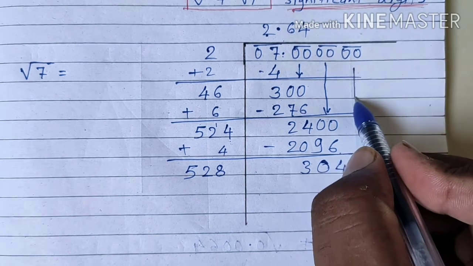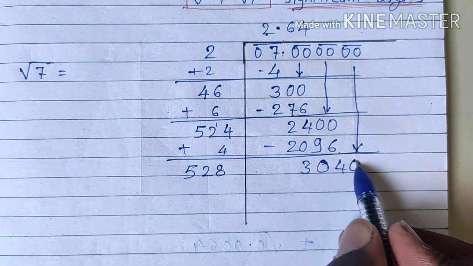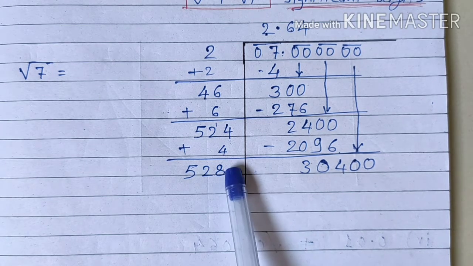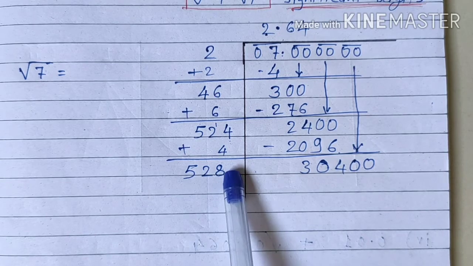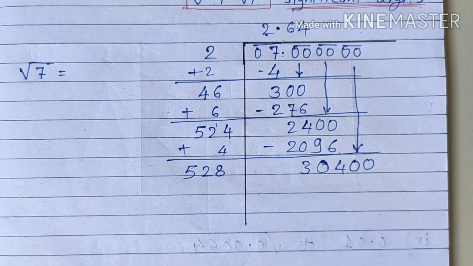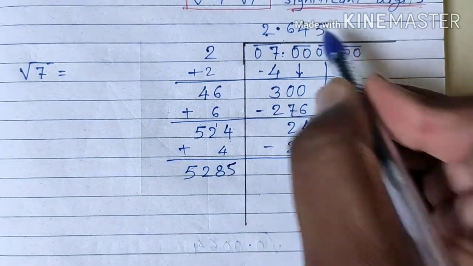Now let us take the next pair down here. 528. Along with this, we have to put such a number that by multiplying with the same number, we get a number less than 30,400. So that number is 5. Put the 5 here also.